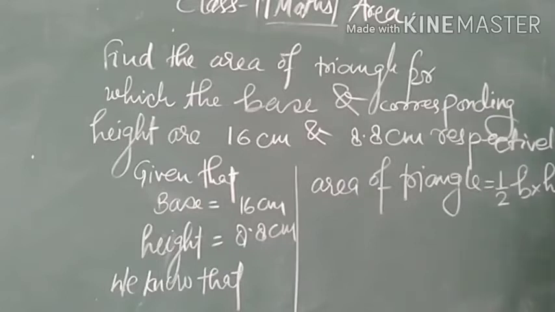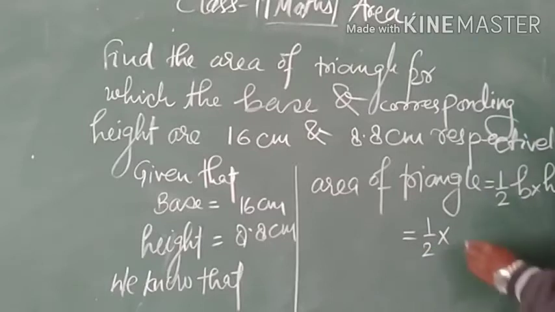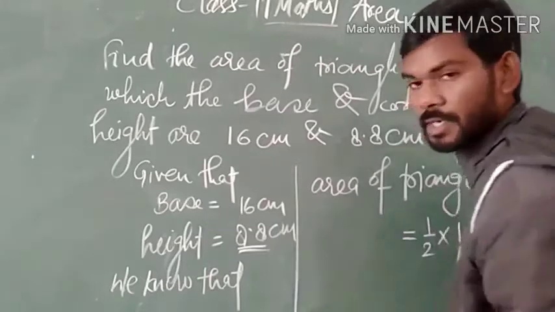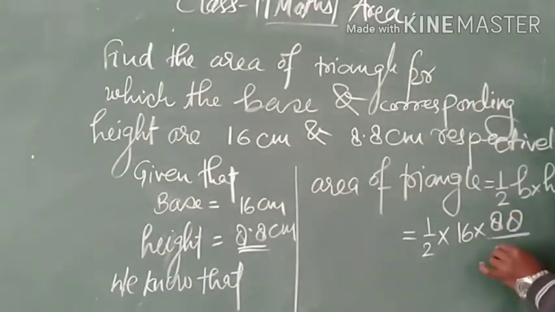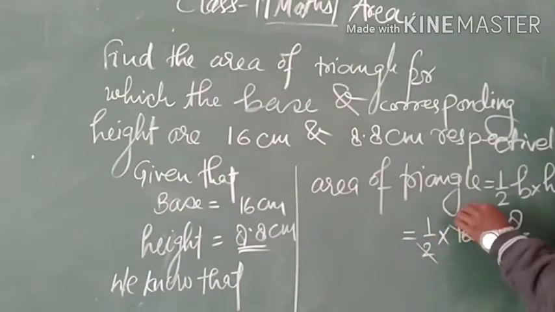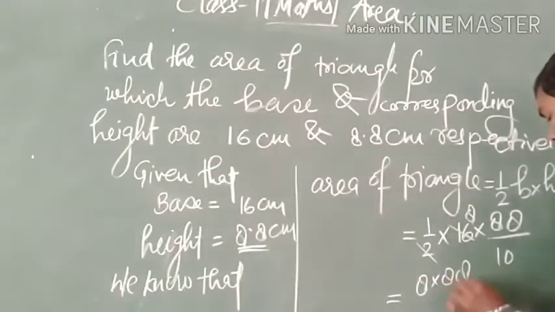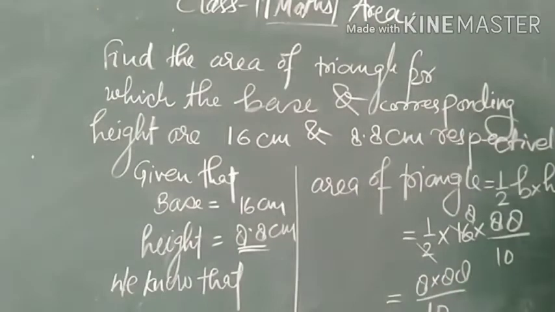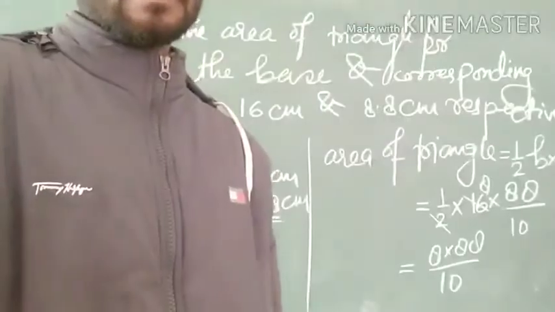Now just substitute the values. We shall get 1 by 2 multiplied by 16, and the height, 8.8, can also be written as 88 upon 10. Now solve. 2 ones are 2, 2 eights are 16, and here we get 8 multiplied by 88 upon 10.